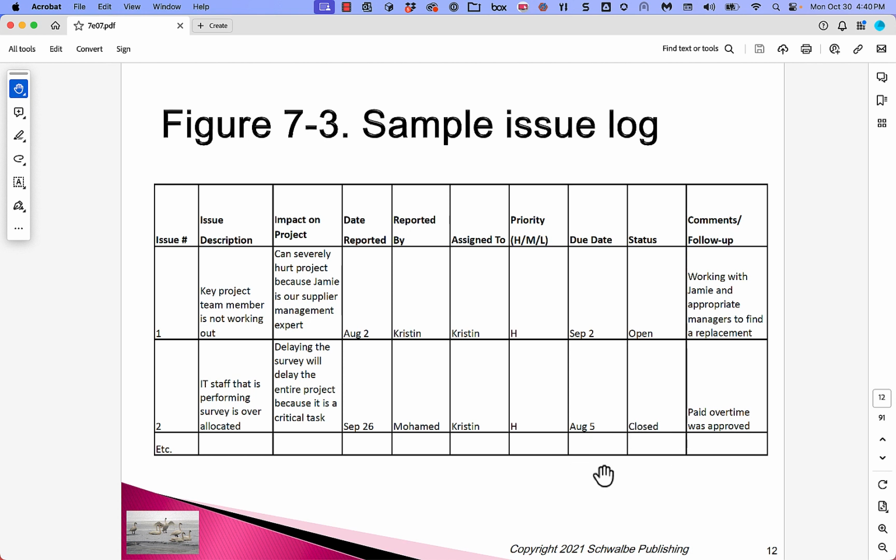A lot of times issues will come up periodically on a project, and it's very nice to be able to go back and look at how you resolved them, which you would put into the comments, for instance. And a lot of times people will bring things up just because they think they haven't been thought of or resolved. And issue logs can prevent a lot of churn, just talking about the same things over and over again.